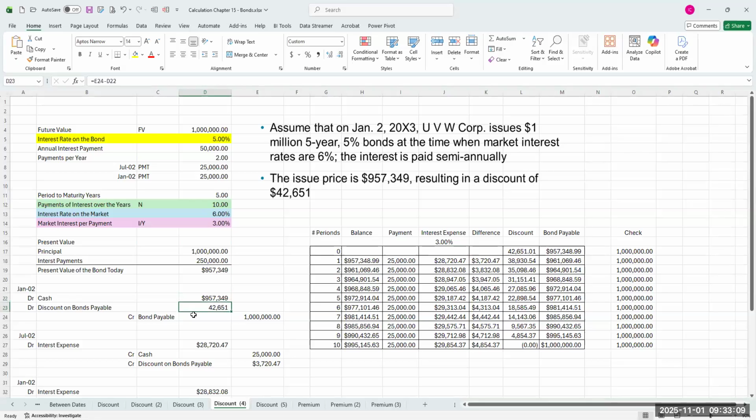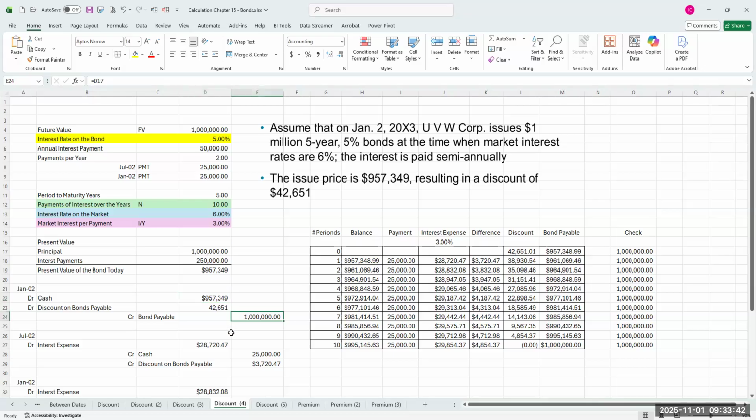Every investor will be willing to pay me $957,349 for 10 payments of $25,000, and after 5 years, the $1 million I have to pay. So those are worth $957,349 today.